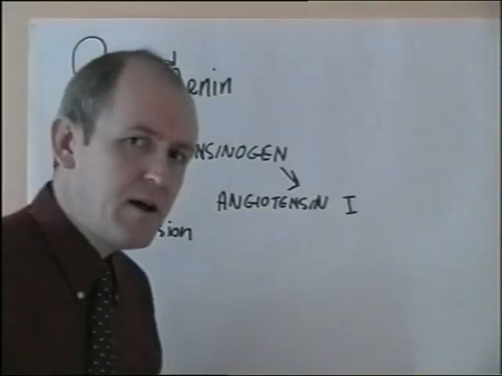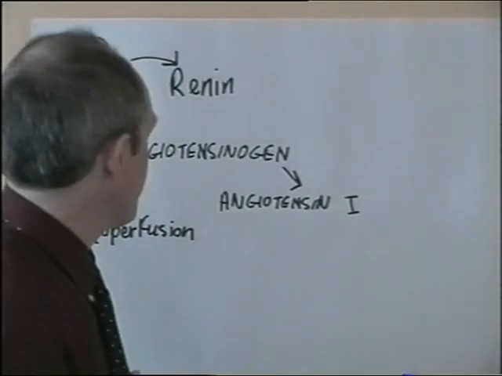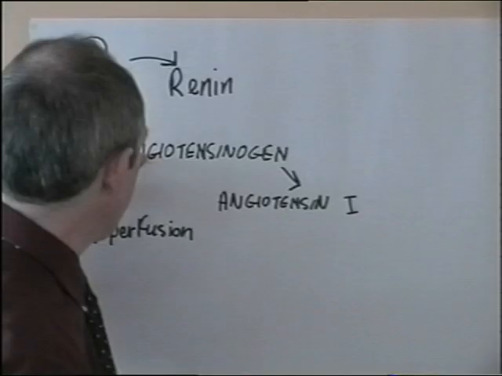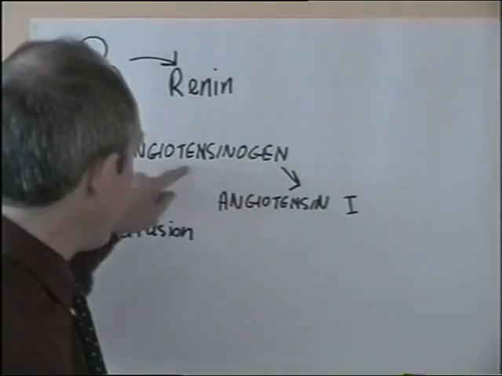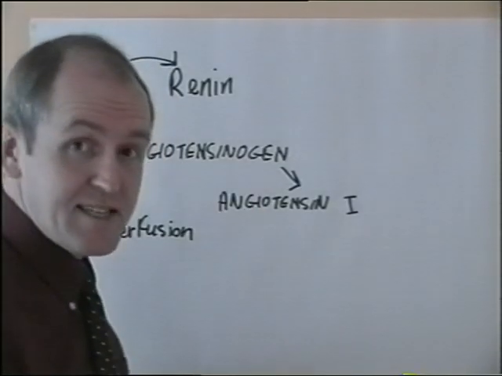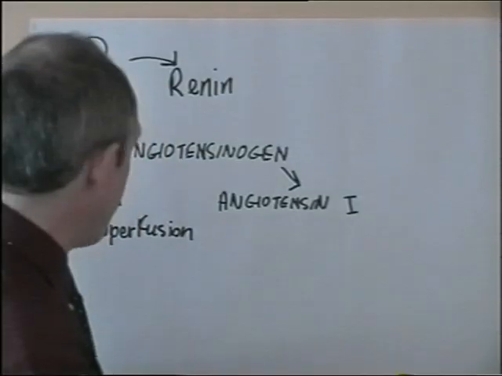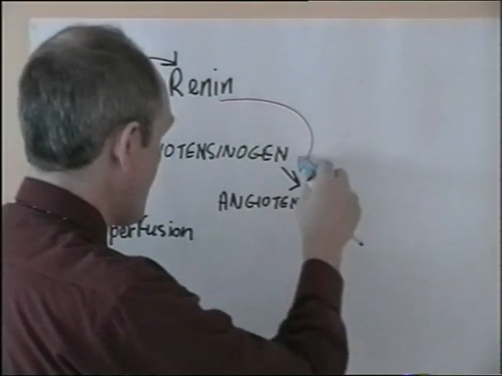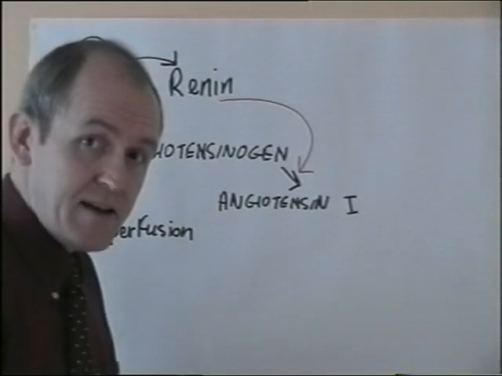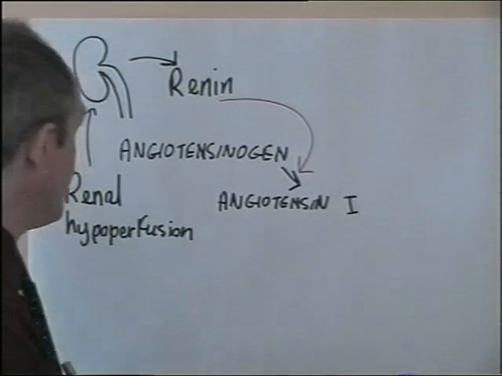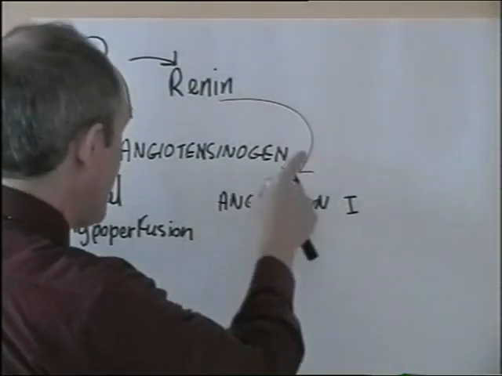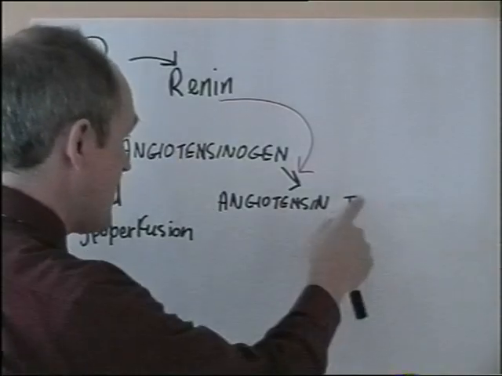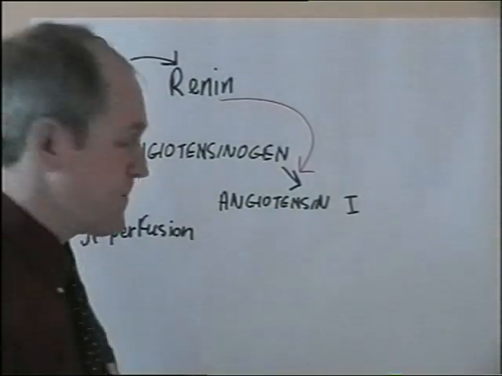It's actually got 10 amino acid units in it. Now, angiotensin is produced when angiotensinogen is acted on by renin. So renin facilitates the conversion of inactive angiotensinogen into angiotensin 1.